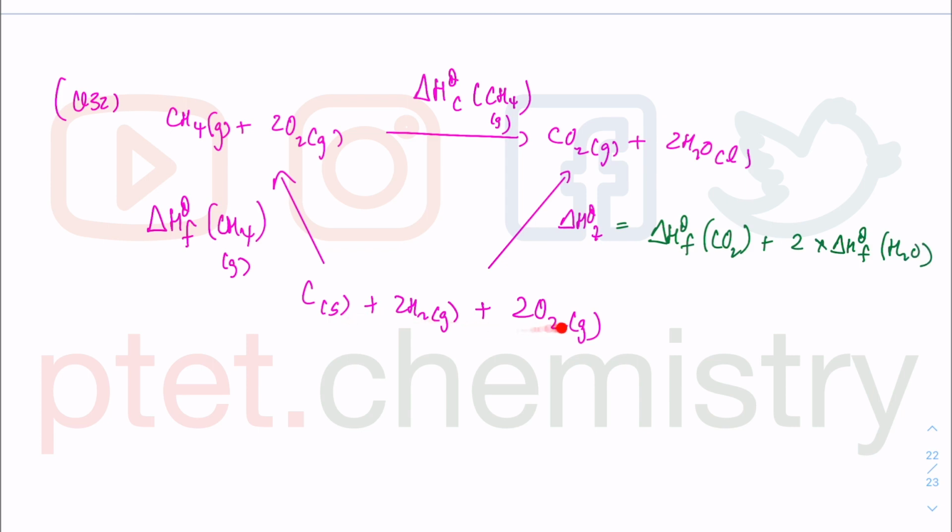Because these are all elements, this is equal to the enthalpy of formation of the products minus the enthalpy of formation of the reactants. But since all the reactants are elements, the formation of elements is going to be 0, which is why it's just the enthalpy of formation of the products, where you form 2 mole of the water and 1 mole of the CO2 in this balanced equation.